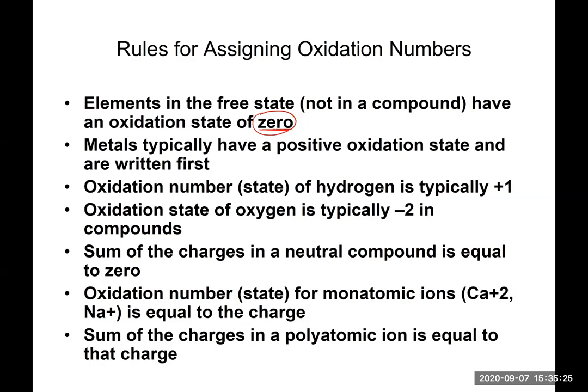We can also call the oxidation state the oxidation number. Just keep in mind that on a test, you may see oxidation number, or you may see oxidation state. Those 2 terms are interchangeable. The oxidation number of hydrogen is typically +1. The oxidation state of oxygen is typically -2 in compounds.